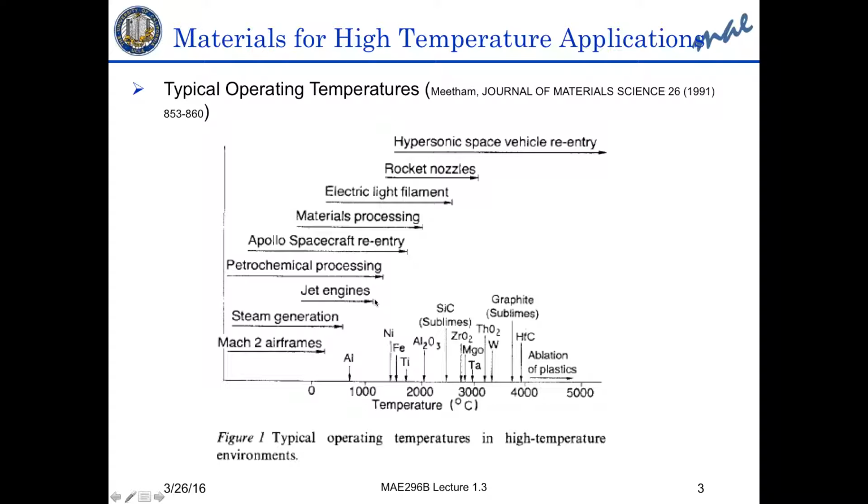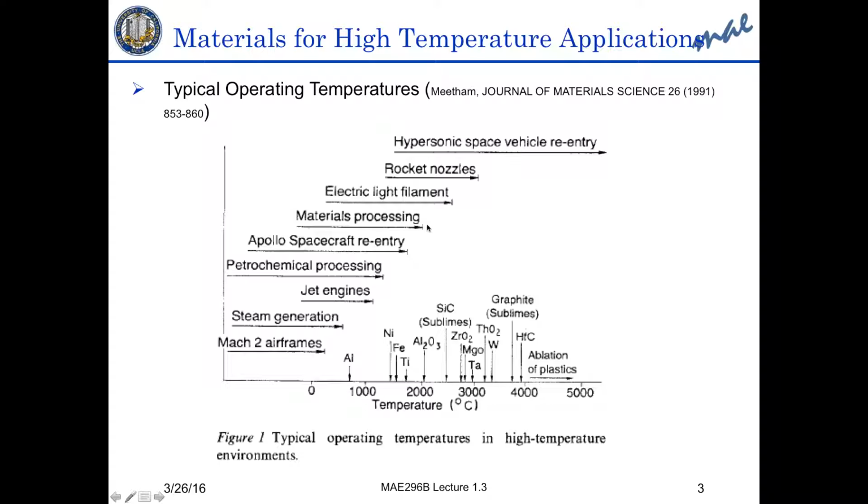For jet engines, you need higher temperatures, and therefore you would need to do a lot of work, because you see the temperatures here, one has to use a good fraction of the nickel melting point, for example, to achieve these conditions for jet engines. Petrochemical processing, we need even higher temperatures, up to 1500 degrees C. Apollo spacecraft re-entry, you go up to 2000.